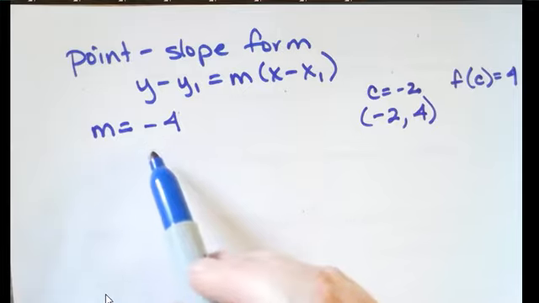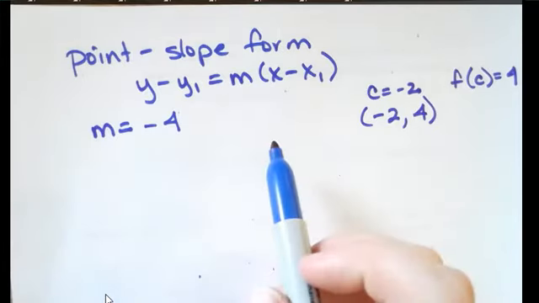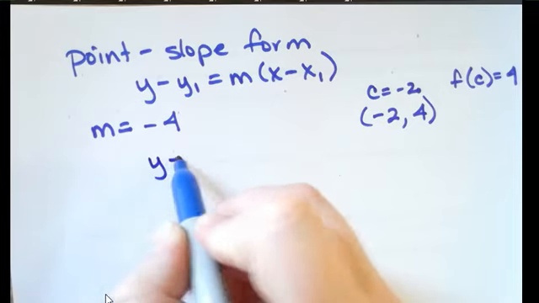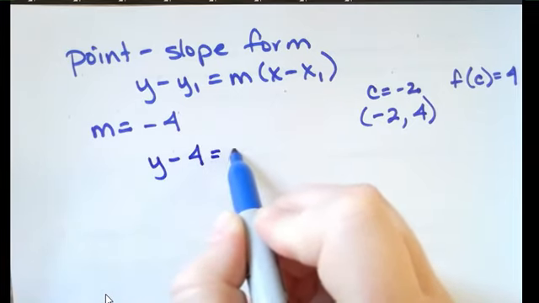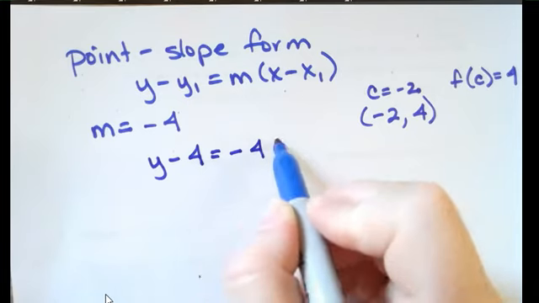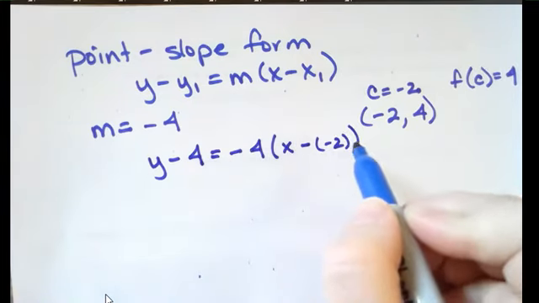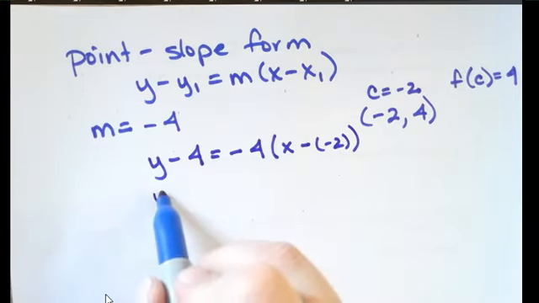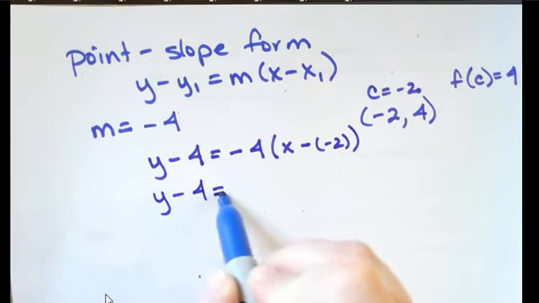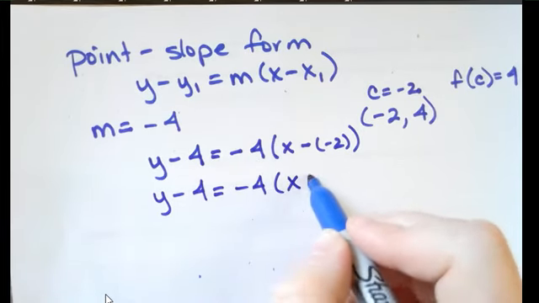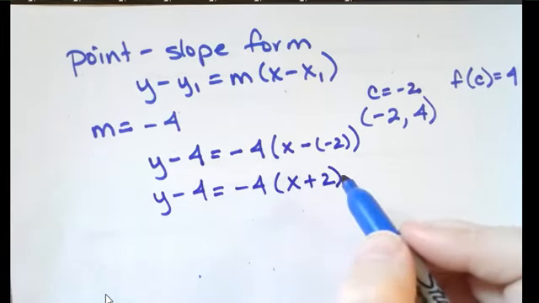So using this point, using the slope, I'm going to plug my numbers into the point slope formula. So I have y minus 4 equals -4 times x minus -2. So then y minus 4 will equal -4 times x plus 2.